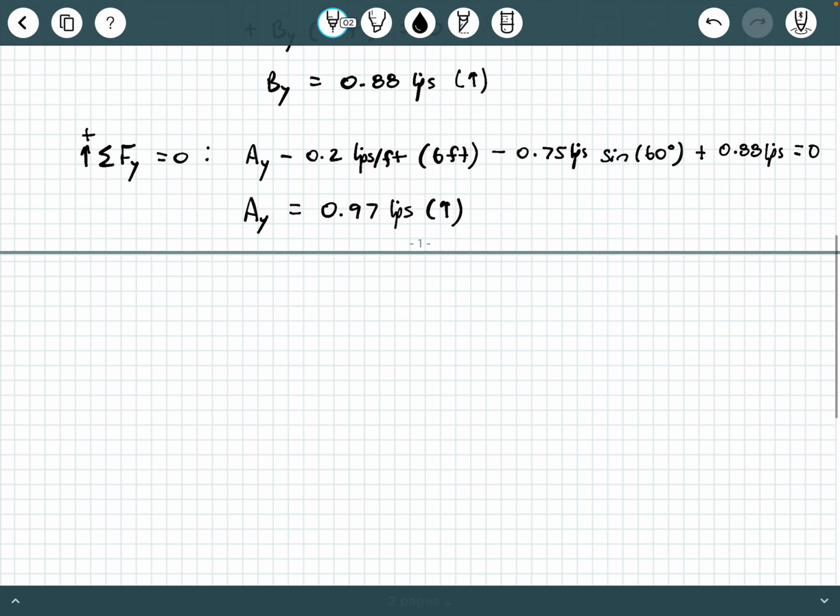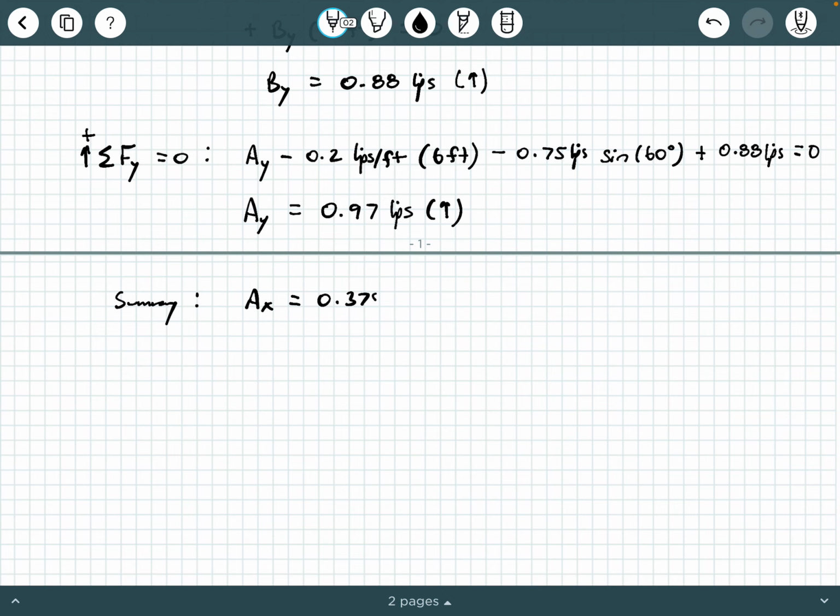So in summary, our external support reactions are AX is 0.375 kips reacting to the right, AY is 0.97 kips reacting upwards, and BY is 0.88 kips reacting upwards. And that's going to conclude this example.